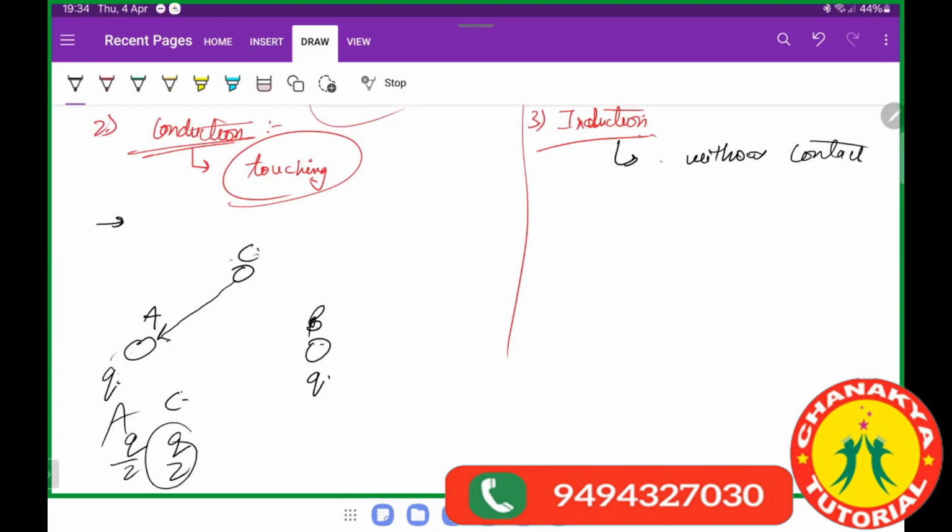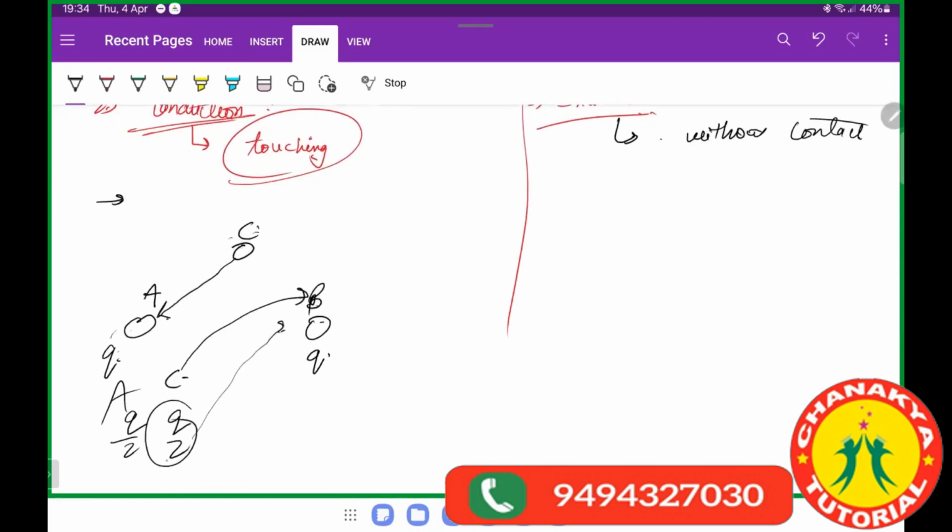Now, if C comes in contact with B, what will happen? C was first an uncharged body, but now it is having Q by 2. It will share equally with B: Q by 2 plus Q, divided by 2, so it will become 3Q by 4.